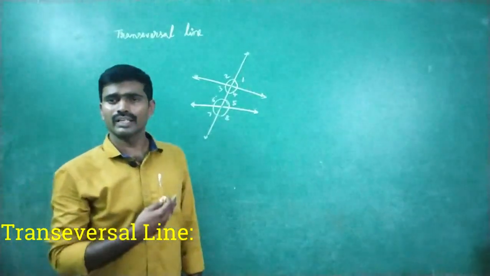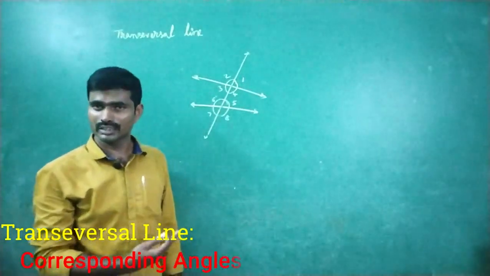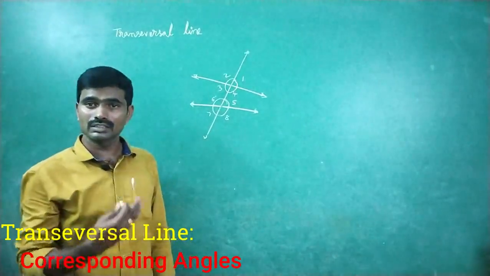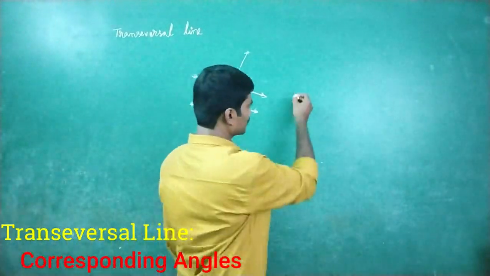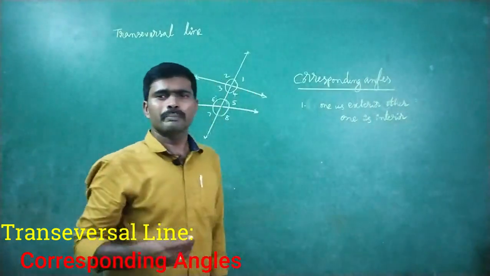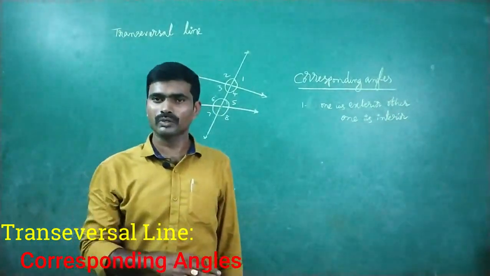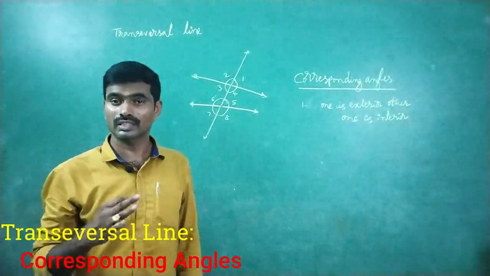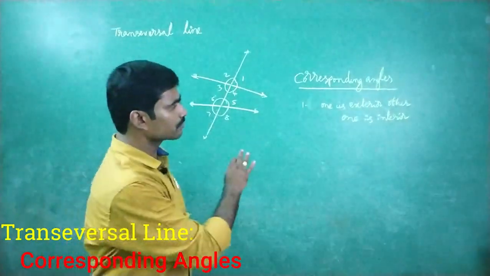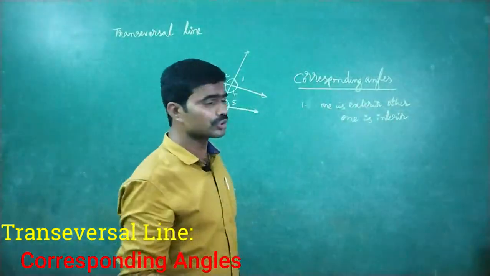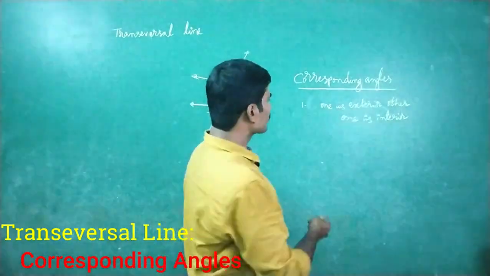See, here some are corresponding angles. What are corresponding angles? Corresponding angles need 3 properties. Which pair of angles are corresponding angles? See, the first property is, if one angle is exterior, then the other angle should be interior.